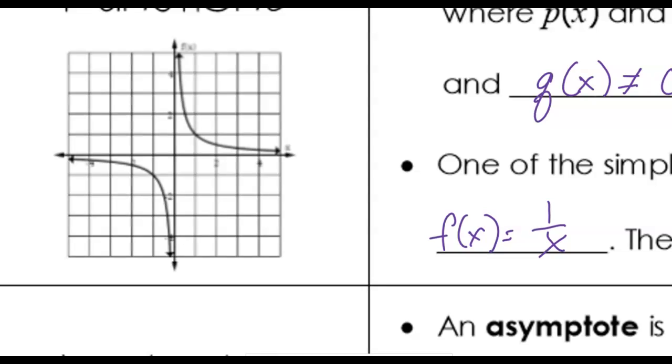Does anyone remember what is one of the major attributes of a rational function's graph? What forces it to have this shape? They're actually invisible, the things I'm talking about.